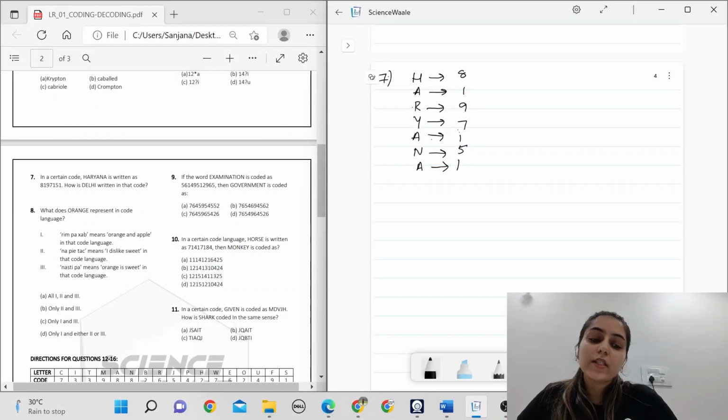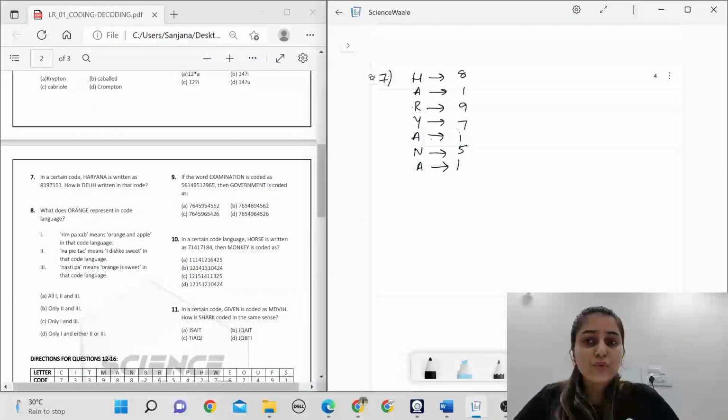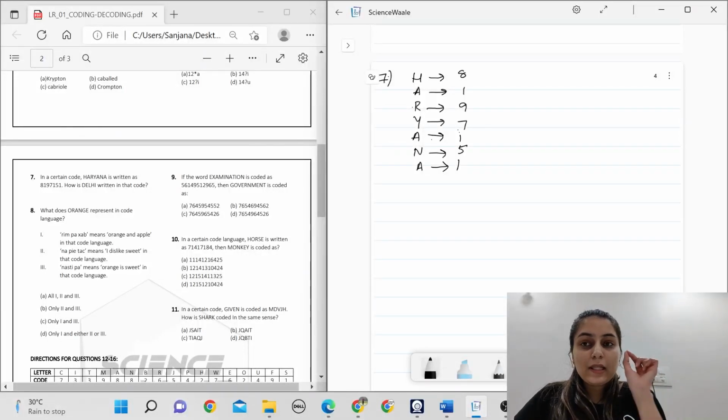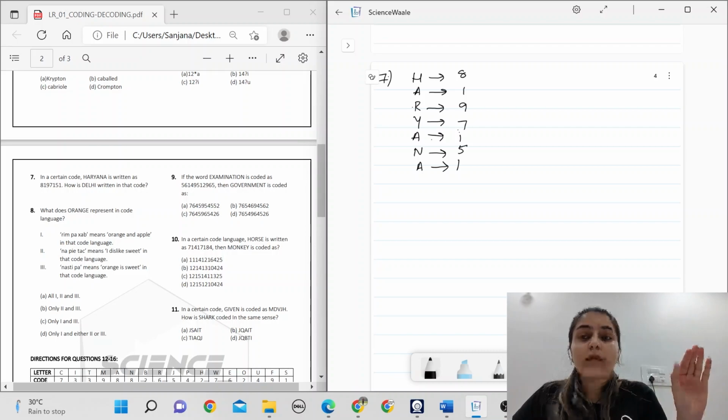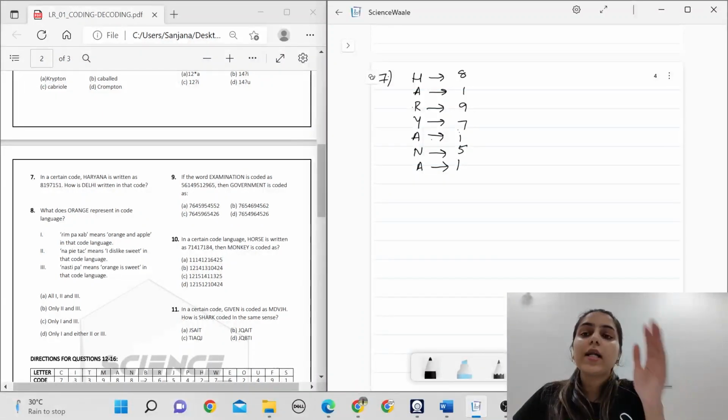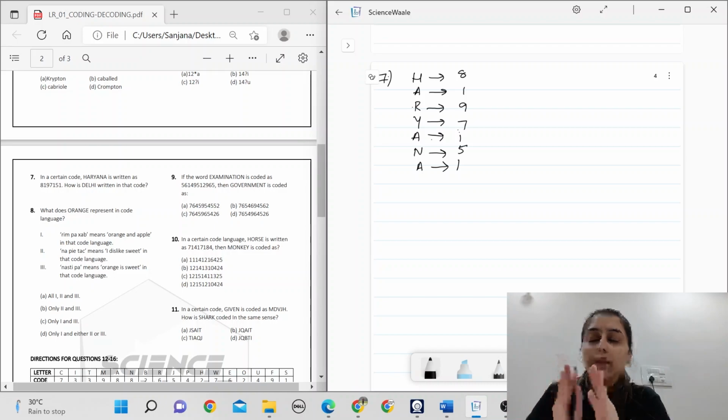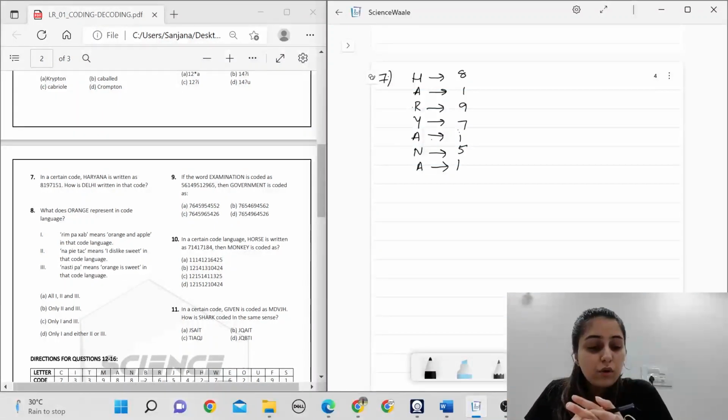If we observe this really carefully, we get to know that the letter is coded to a number according to the position it is in the alphabetical series, and if it is a 2-digit number, then it is the sum of those 2 digits, and if it is a single digit number, then the digit is as it is. So let me explain this to you.